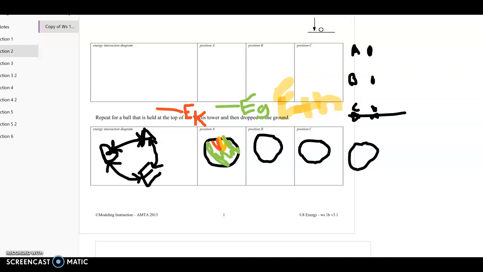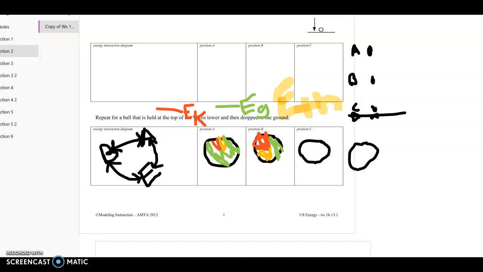So as it pushes against the air more, as it moves down, it goes faster, right? And it rubs more against the air. So I've got more thermal, and then it has still height between the earth and itself.